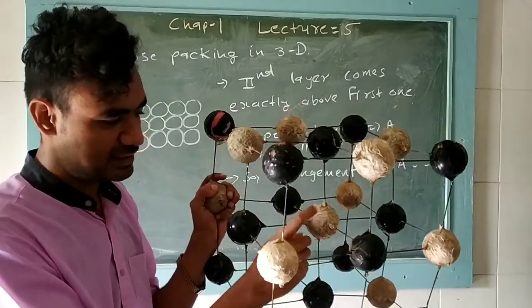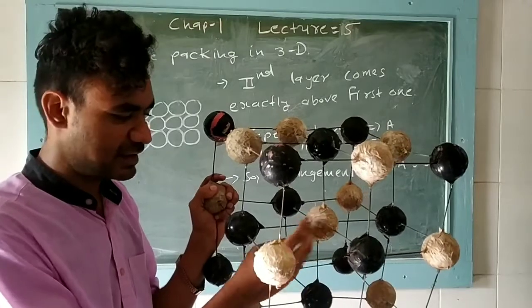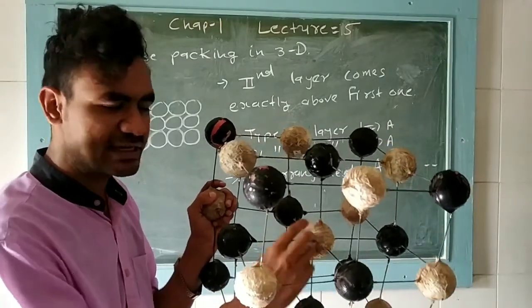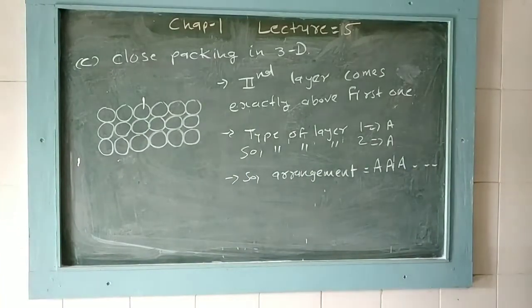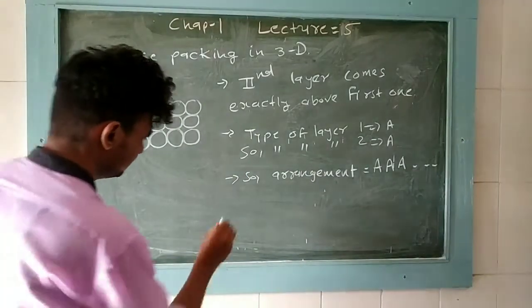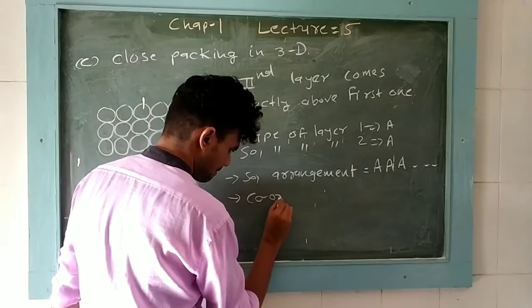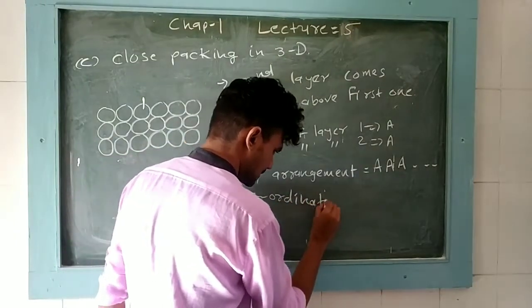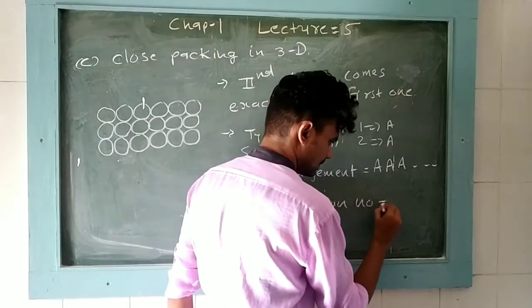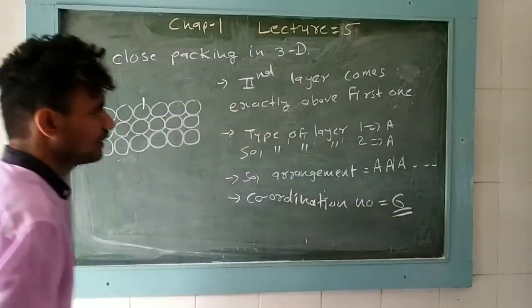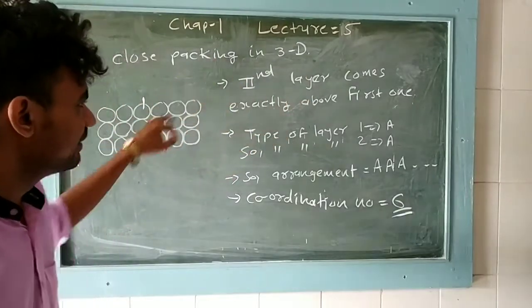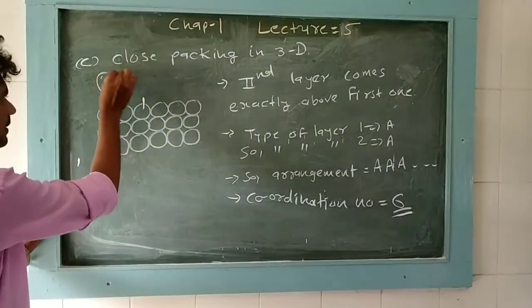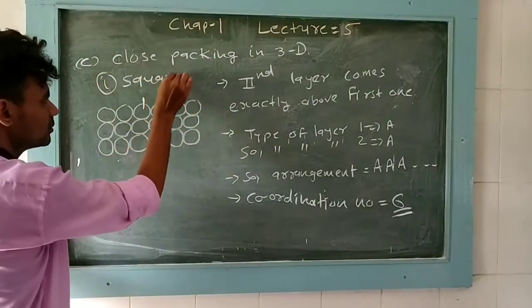So the center atom is directly attached to 6 atoms, so the coordination number is 6 here. This is close packing in three dimensions, and in that the first type, square close packing.